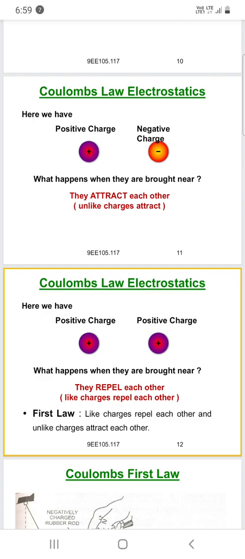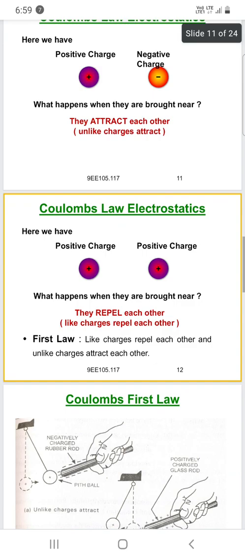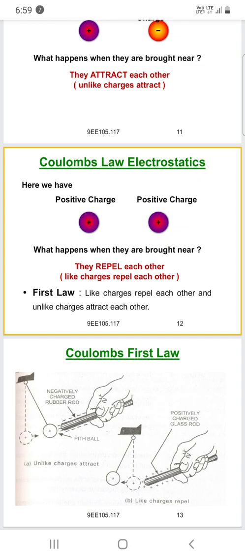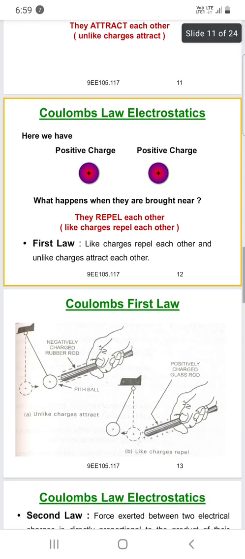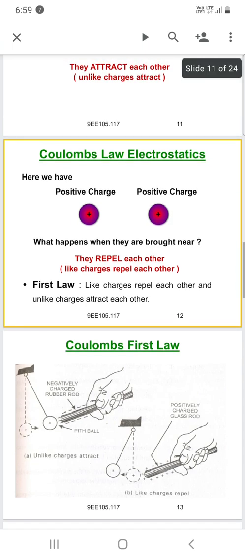Next, Coulomb's law of electrostatics. Here we have two charges, both positive, or both negative.